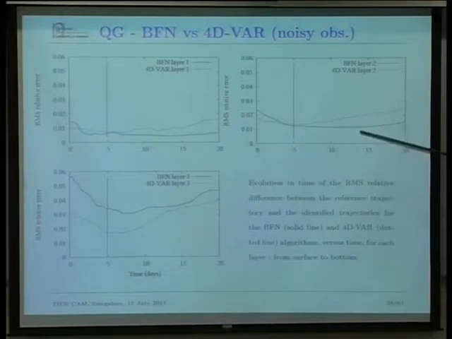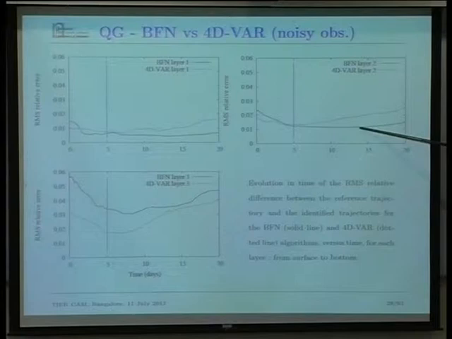We can see that for the second layer it's still true, but then for the bottom layer the correction is not very good. Probably the assimilation window is too small to let the model propagate the correction towards the bottom, because there is some vertical diffusion in the model, but you need some time.